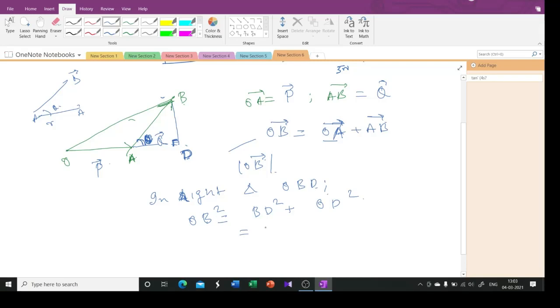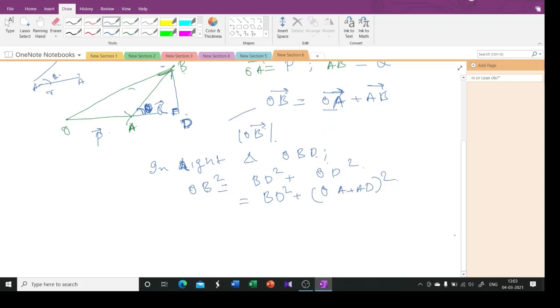Now what is OD? OD is simply OA plus AD, whole square, right? Now we can write it this way: OA square plus AD square plus 2 into OA into AD.